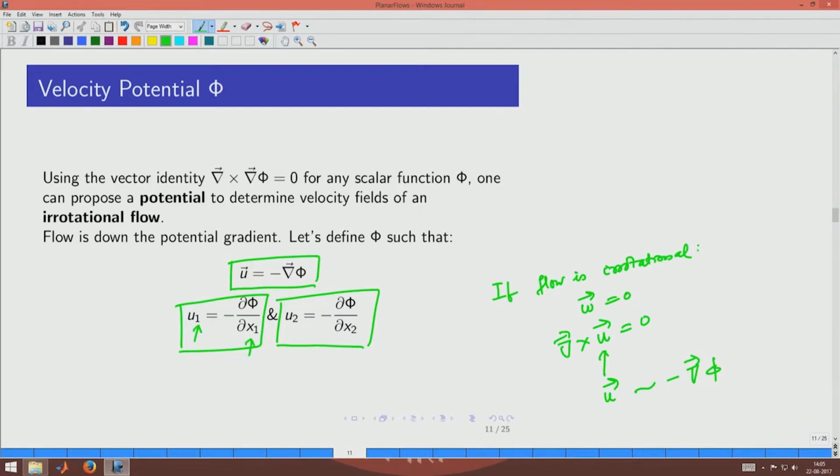That is how we can recognize these expressions as very different, and we can now go ahead and see what kind of functions phi we can come up with, and then plot the velocity vectors for all those functions and see how those flows look. And then by giving names to such flows, we can describe in any arbitrary situation how the flow is happening.